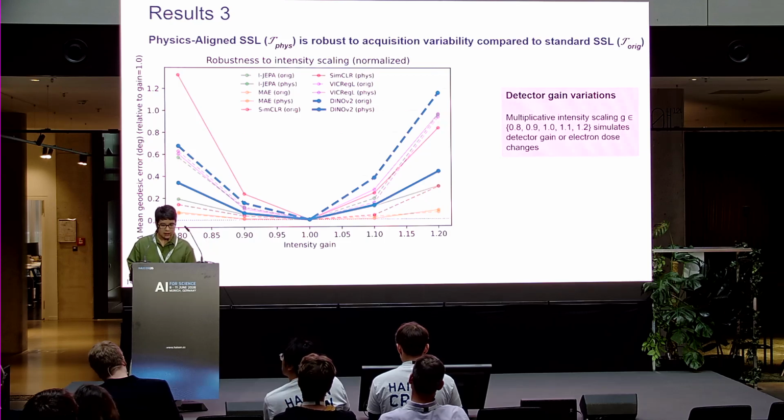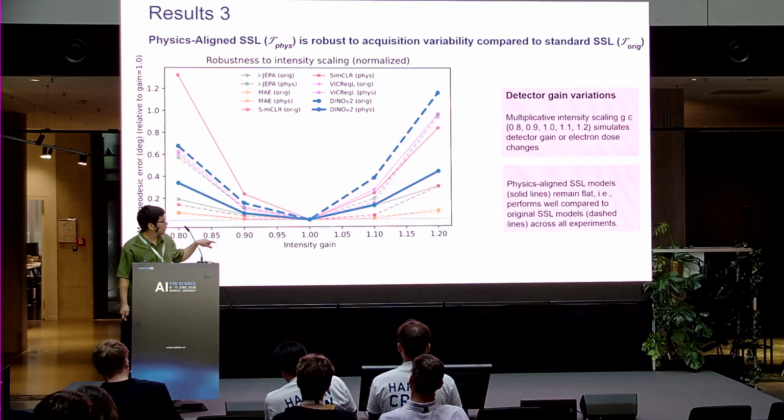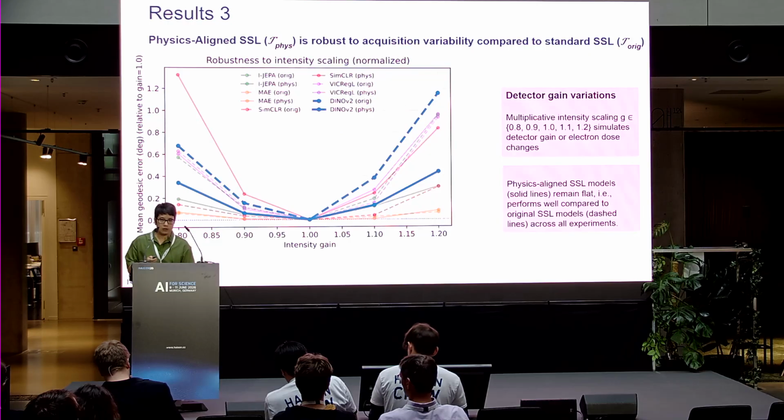So when you change the intensity gain, you basically simulate the change in the electron dose during imaging. And we can see that the physics-aligned model, the solid lines, remains flat. It doesn't change the performance compared to the standard SSL when you change the dose, or when you simulate changing the dose.